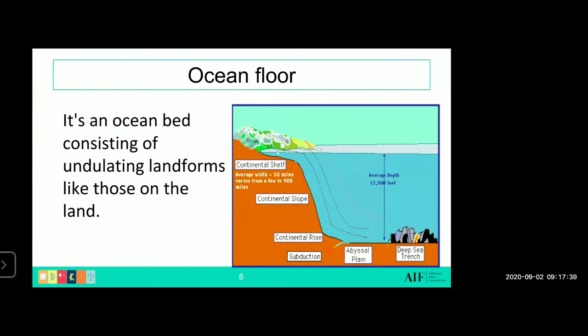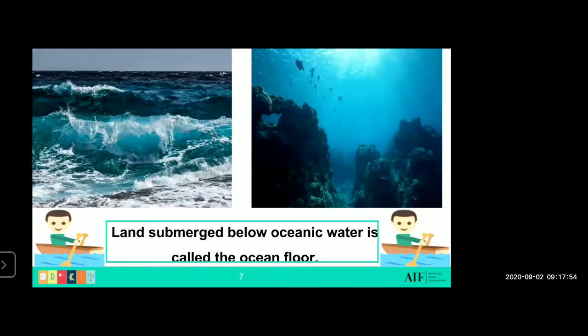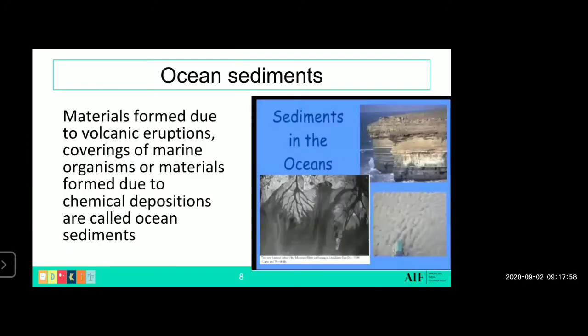Landforms which are under the water, that is, ups and downs under the water. There are mountains, there are valleys. These are the landforms under the water, and they are called the ocean floor. So landforms submerged below oceanic water are called the ocean floor.